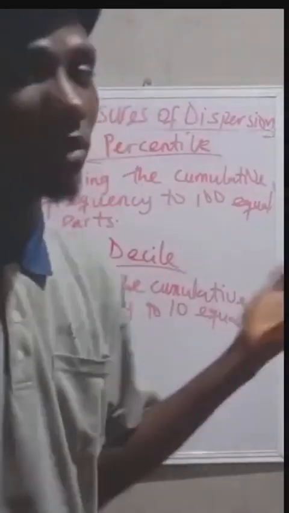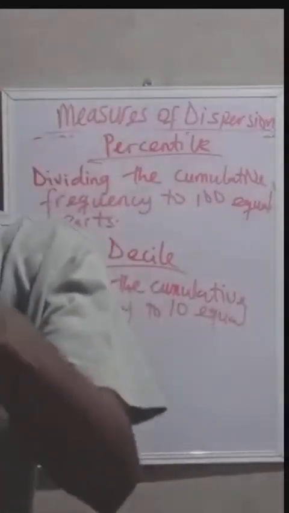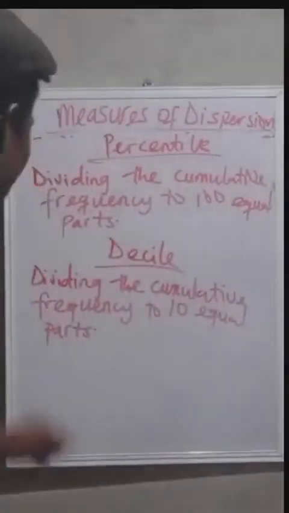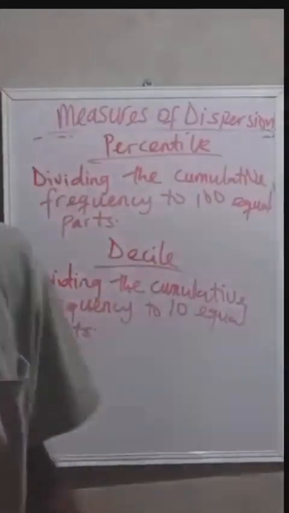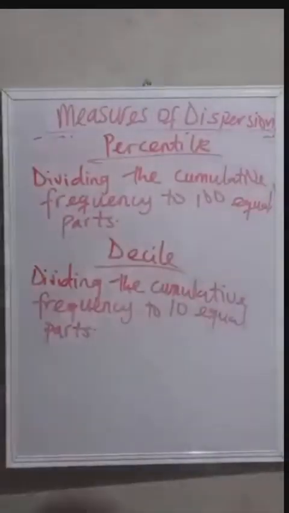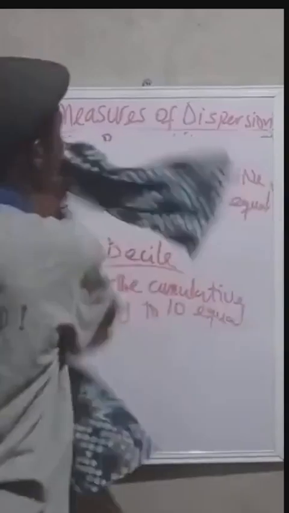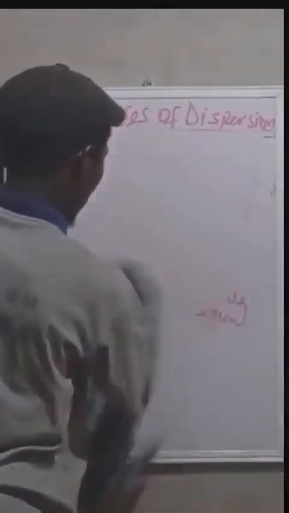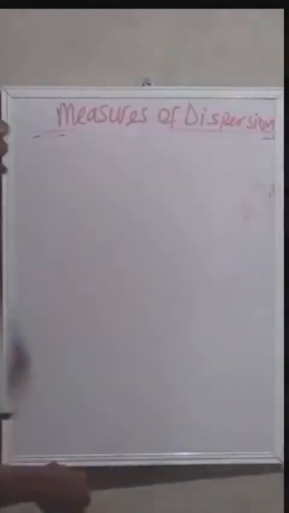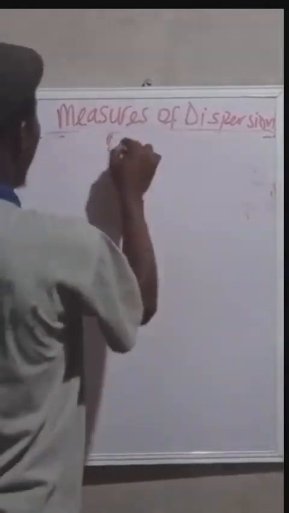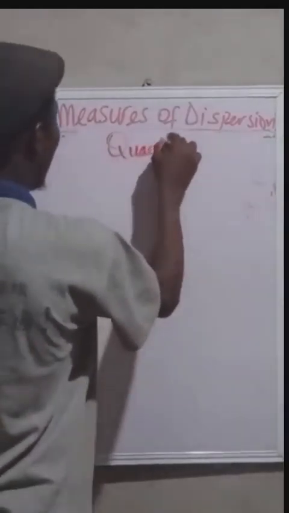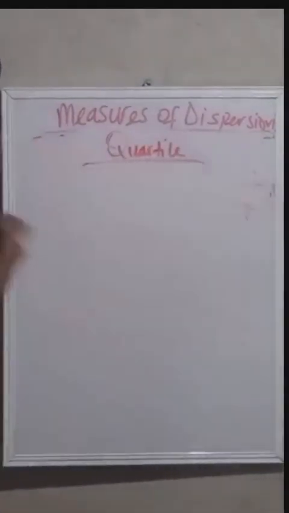So the next one is quartile. Quartile is also related to this. What is quartile? Permit me to clean my board. Quartile is still related to this.